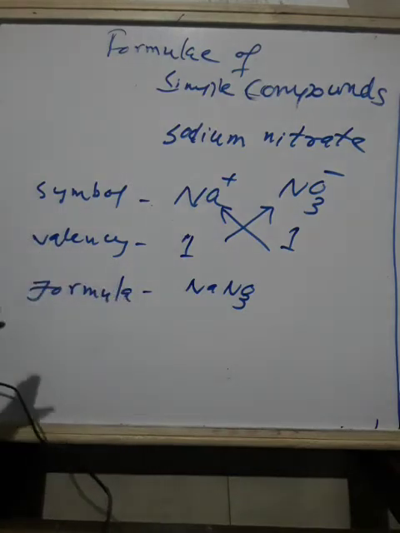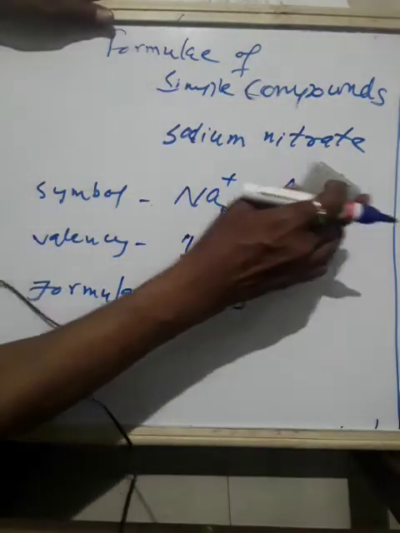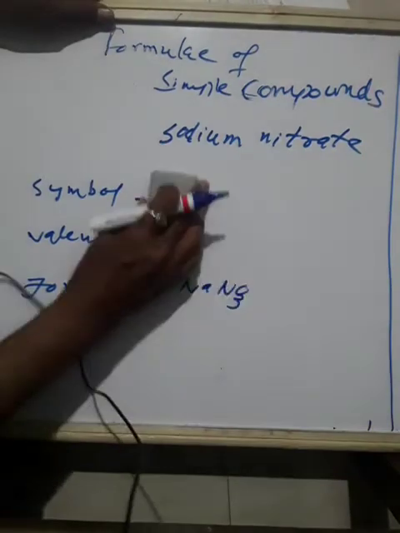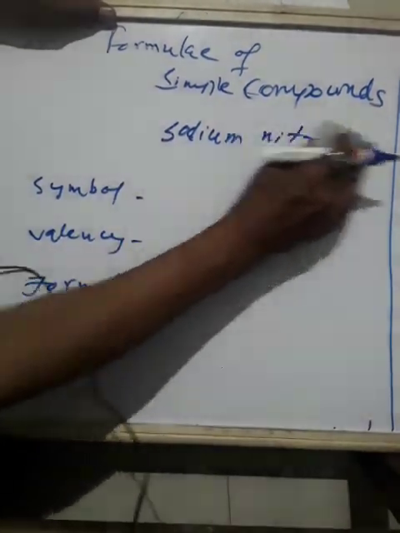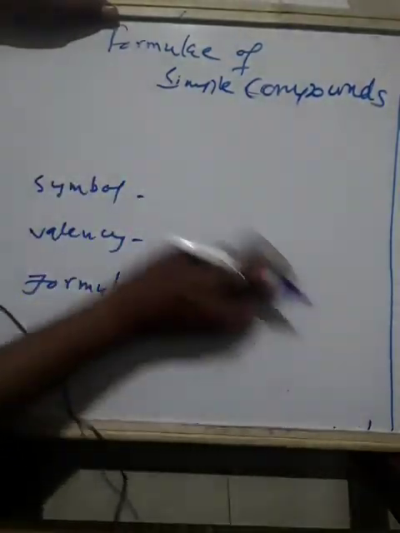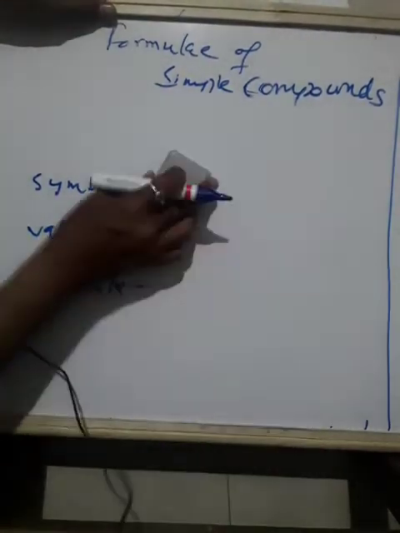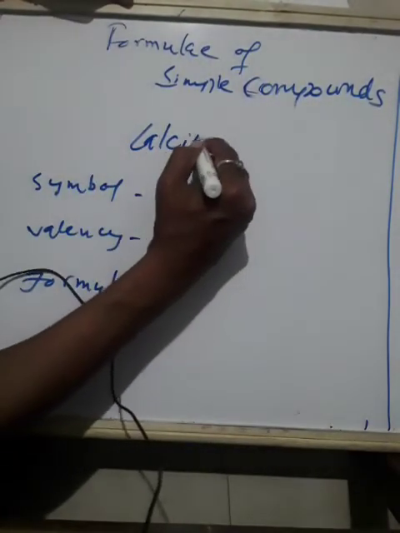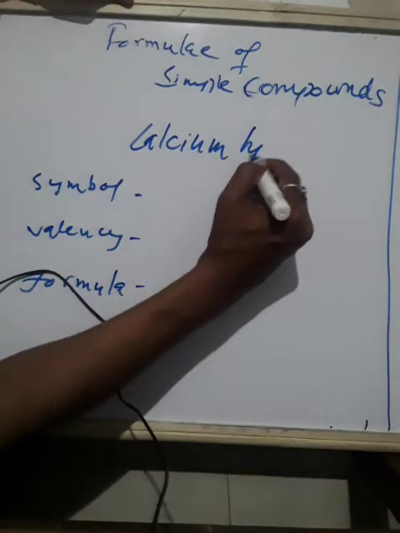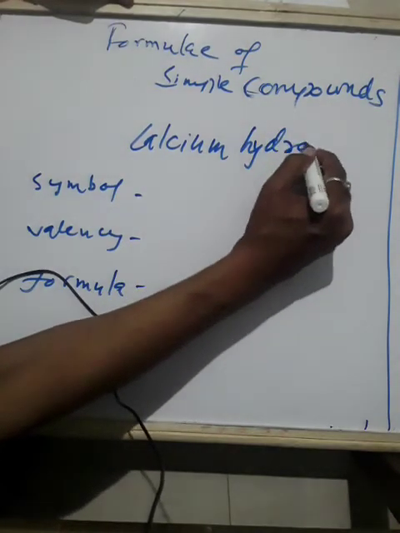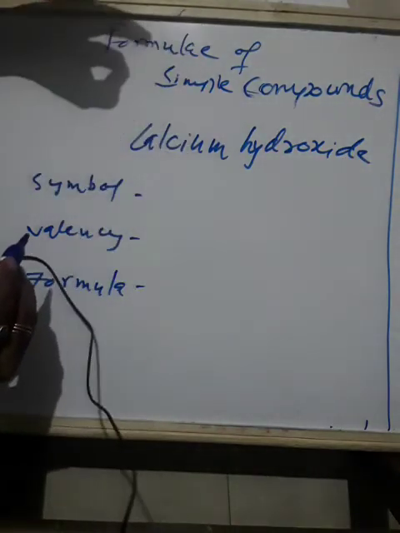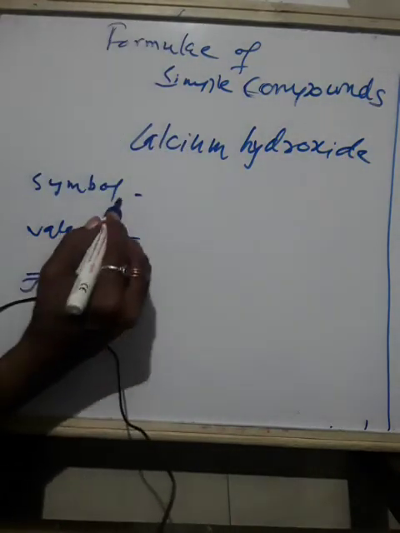Okay. Now, one more last example I will give. Calcium hydroxide. Okay. Page number 37, table number 3.6.